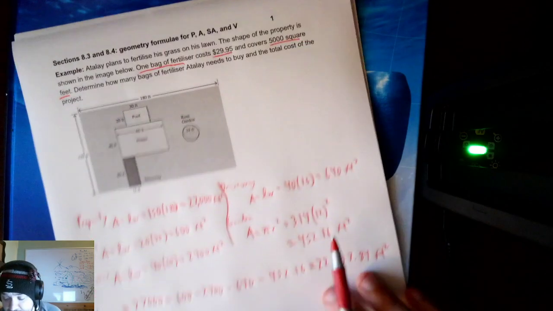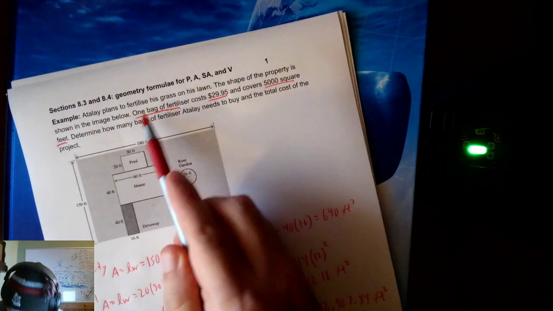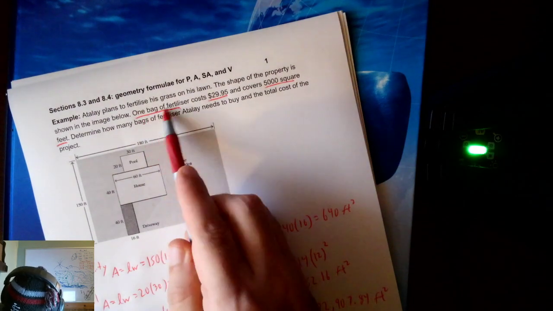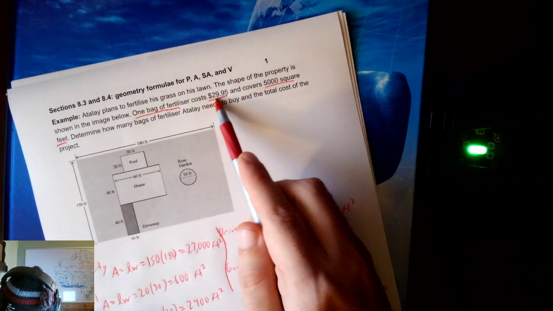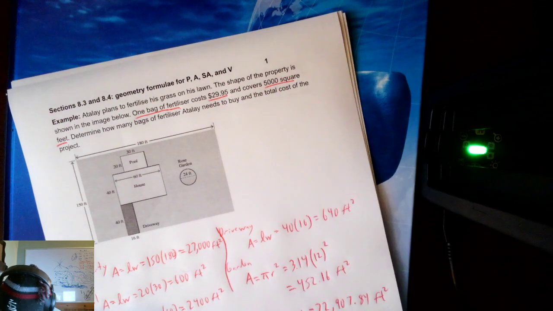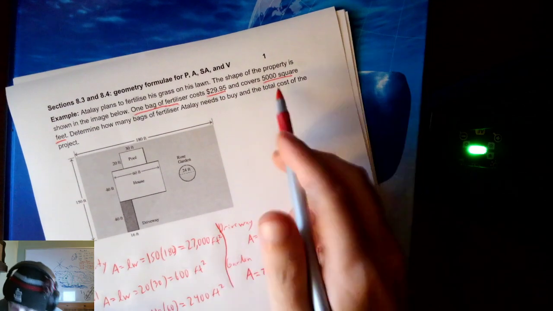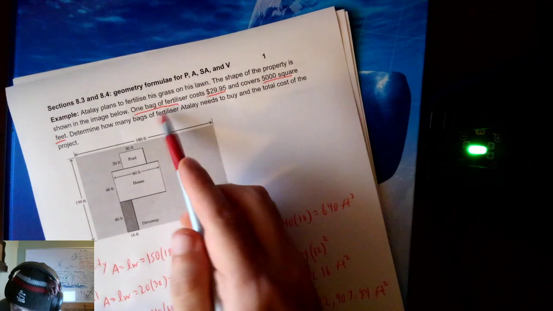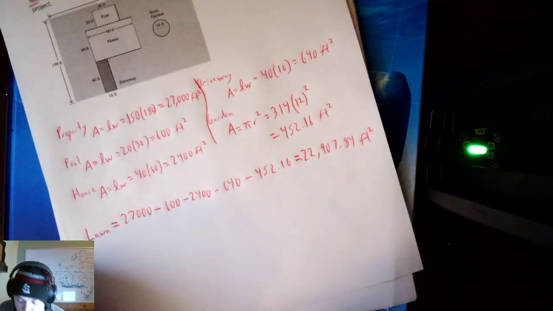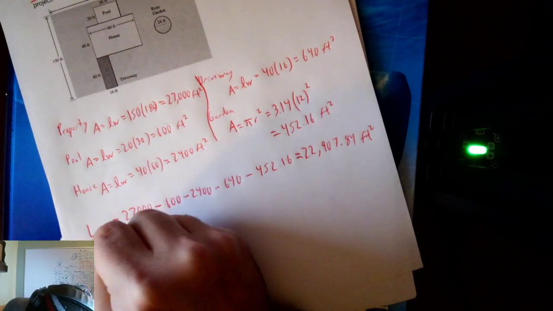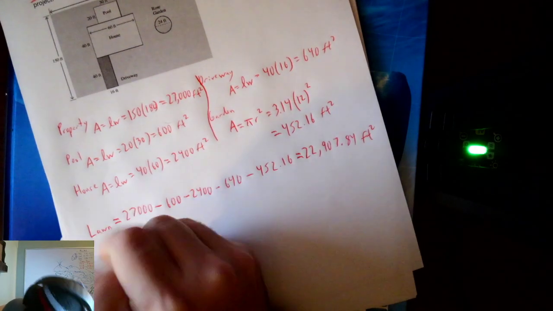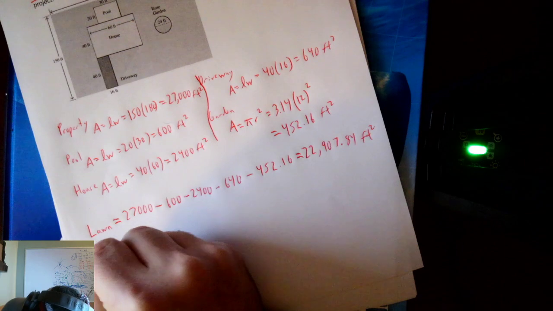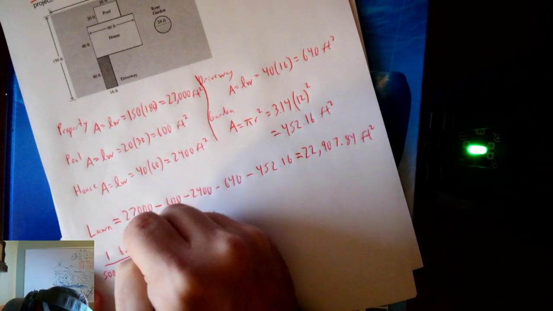So I know the size of my property now. Now I'm going to use this part here. One bag of fertilizer costs $29.95 and covers 5,000 square feet. Now I need to get the total cost. The first thing I need to figure out is how many bags I need. Well, this is going to be a proportion problem, right? One bag covers 5,000 feet squared.